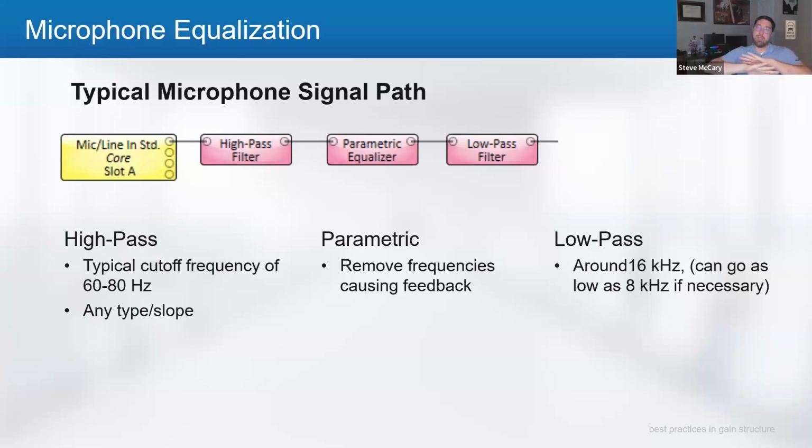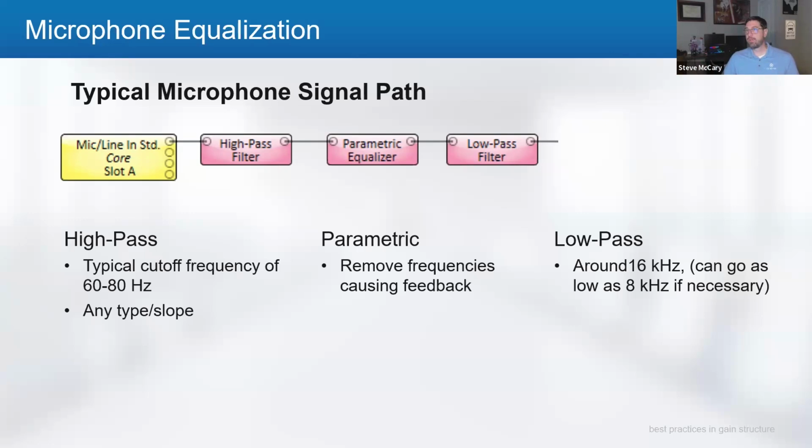We're going to just discuss these blocks a little bit, but we're not going to go crazy deep into them, because it really all depends on what your situation is, how you should set these.